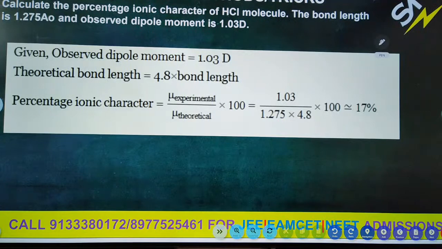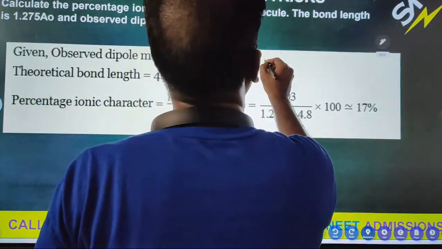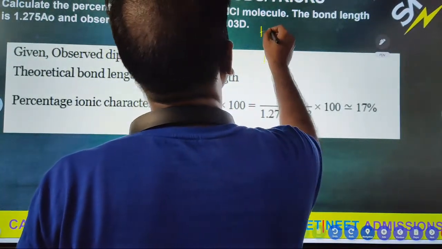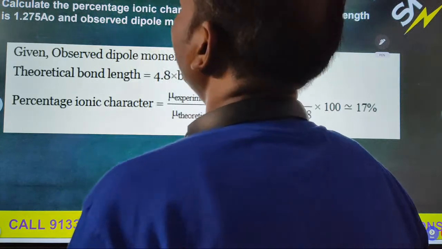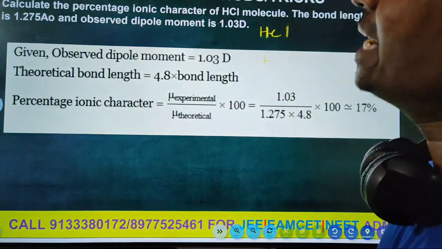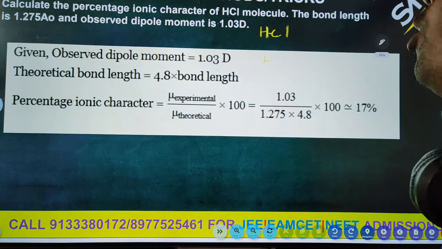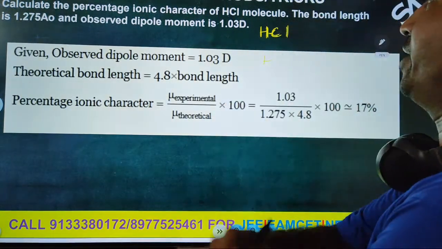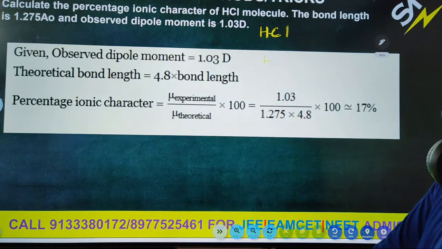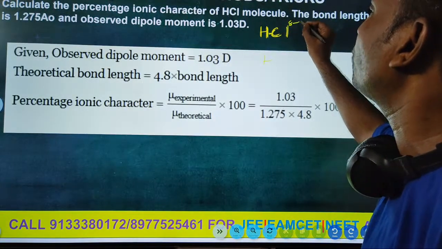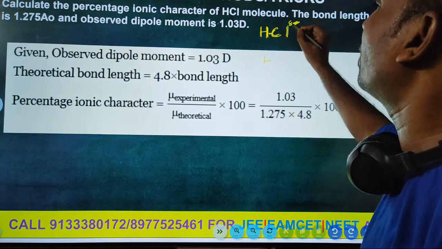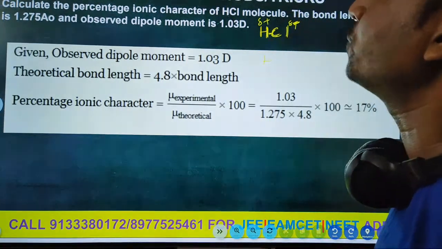Calculate the percentage ionic character of the HCl molecule. What type of molecule is HCl? HCl is a covalent molecule, covalently bonded as hydrogen and chlorine. But does it contain ionic character? Yes. How? Due to the electronegativity difference between hydrogen and chlorine, chlorine has a partial negative charge and hydrogen a partial positive charge.